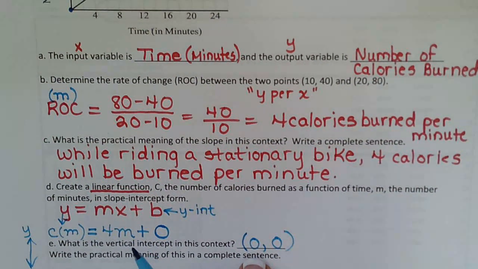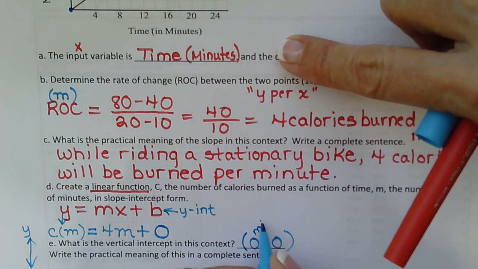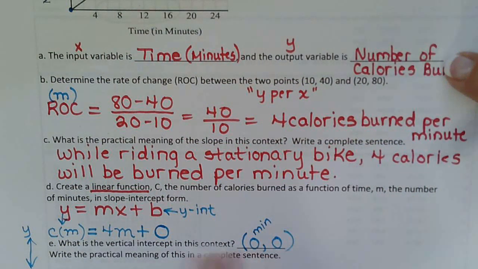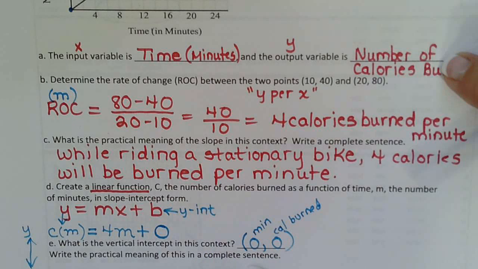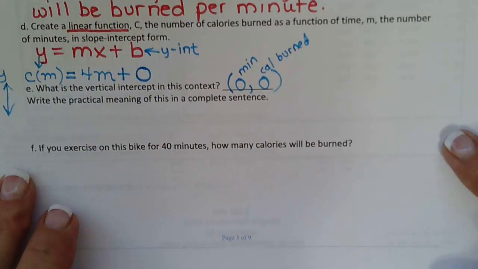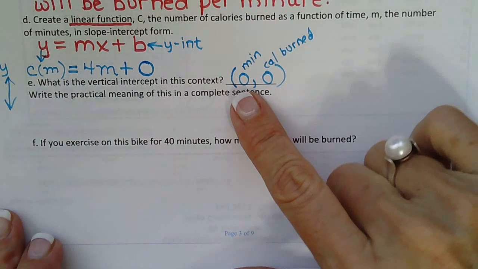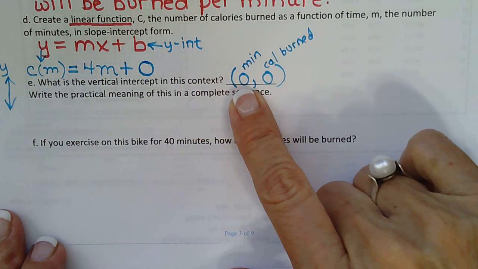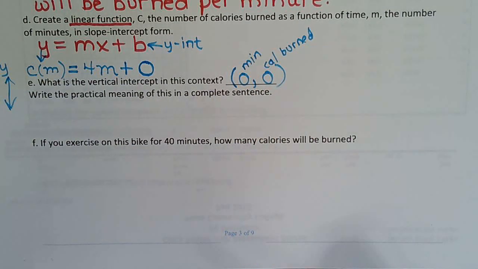So our x in this problem is time in minutes, and our y is calories burned. So always label your point before you write your equation. So what does it mean? When I have spent 0 minutes on the bike, I will have burned 0 calories.